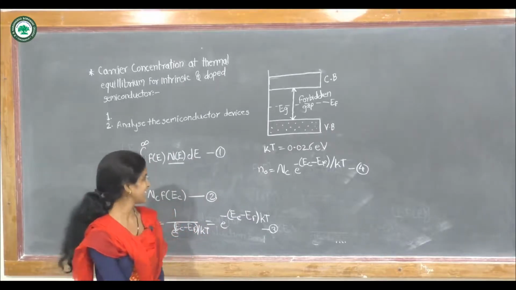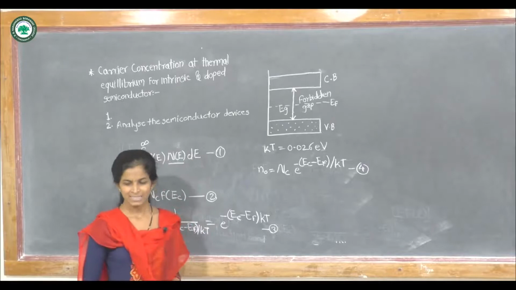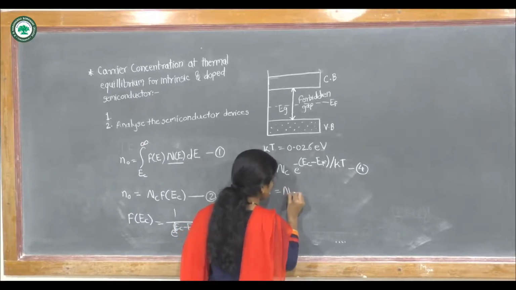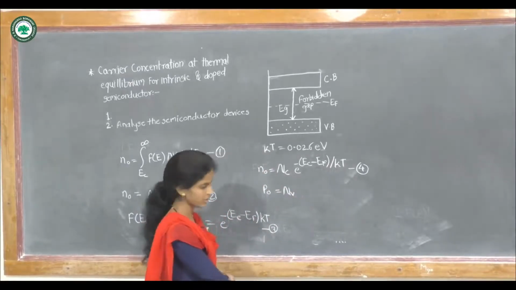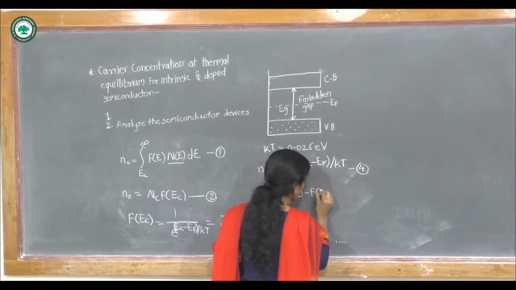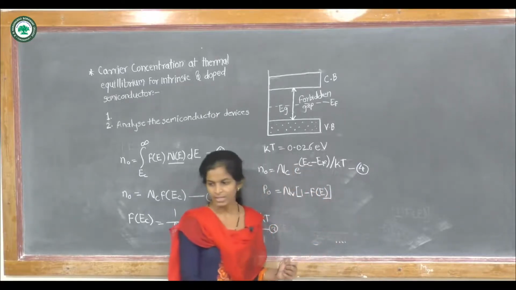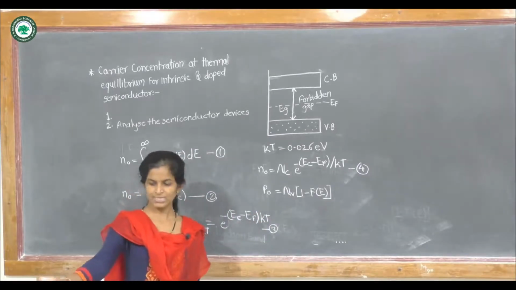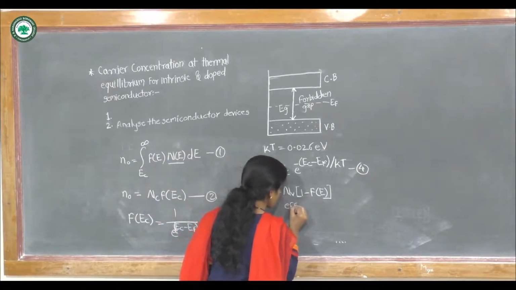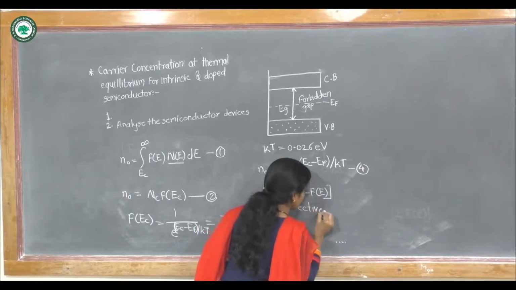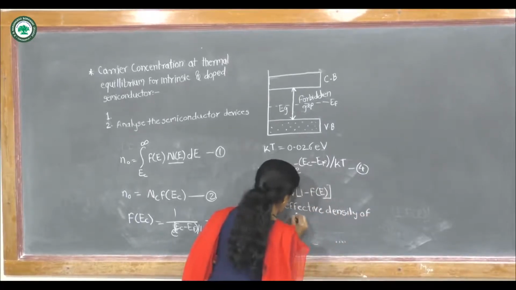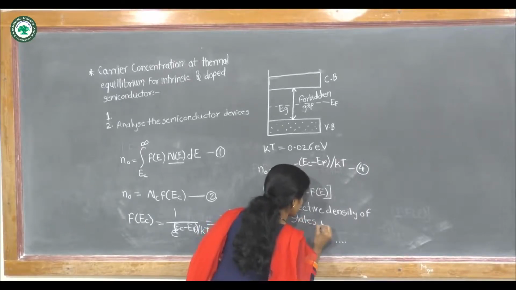Similarly, as this is the electron concentration, one may write the hole concentration, which is given by p naught is equal to Nv into 1 minus f(E), where Nv is the effective density of states in the valence band.